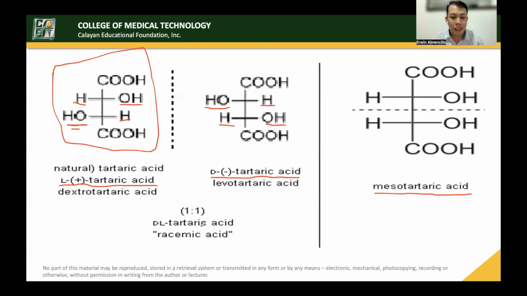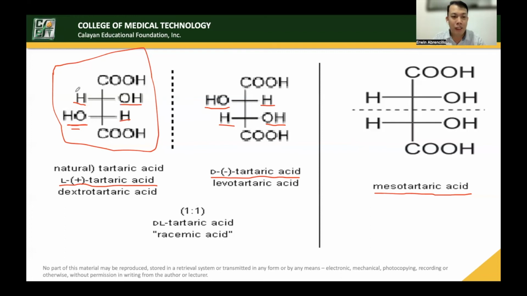So where are now the diastereomers? The diastereomer here is found at the right. This is the original, the one on the left, and this one, meso-tartaric acid, is not a mirror image of the original. Why?